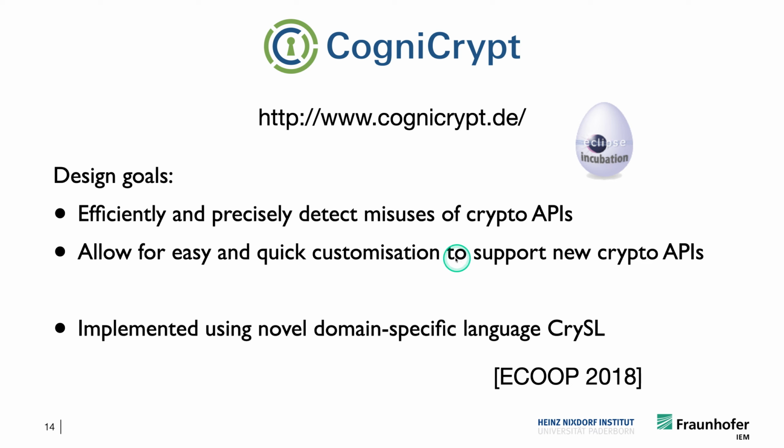And in order to allow this, we actually implemented a novel domain-specific language called CrySL, Crypto Specification Language. And I will present the basics about this here, but if you are interested in more details, we actually have an ECOOP paper about CrySL, and actually also more recently a journal paper about this, where you can actually read up all the details like syntax, semantics, and so on.